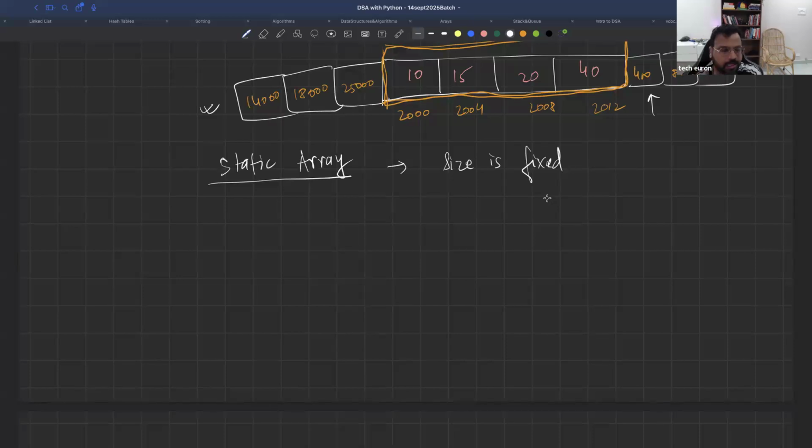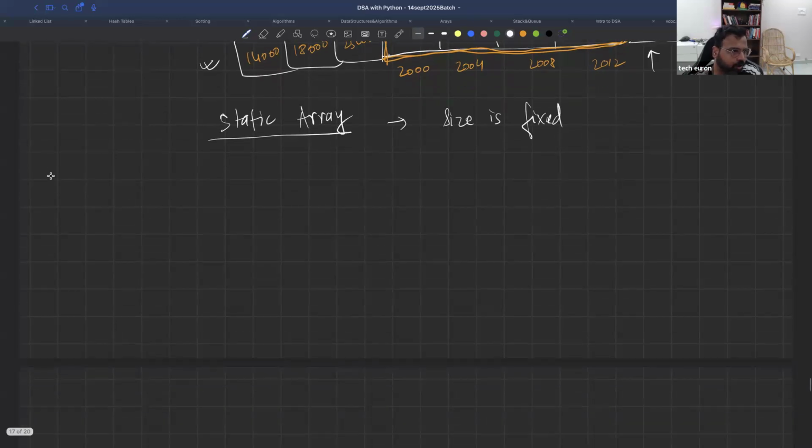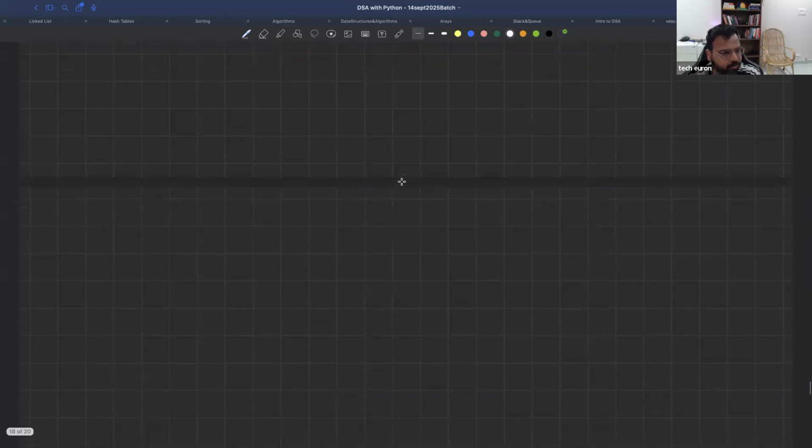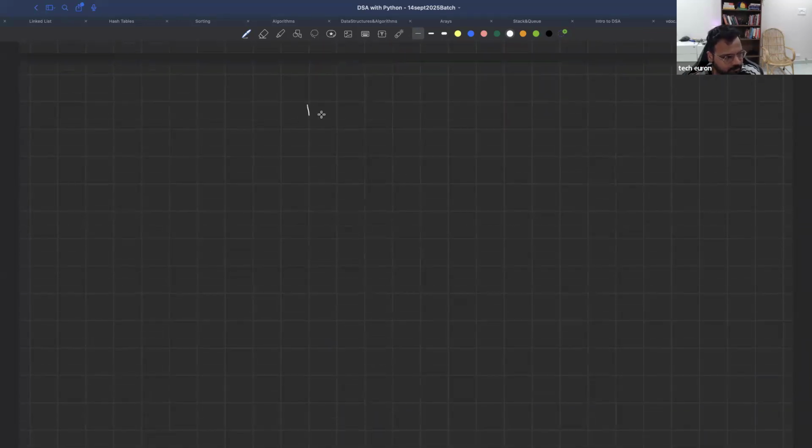Okay. The other part of this is what we call a dynamic array. So in a dynamic array, what happens? Suppose you want to store the marks, and marks is suppose 10, 20, 30 and 40.